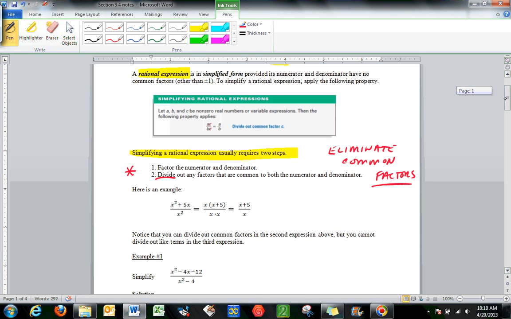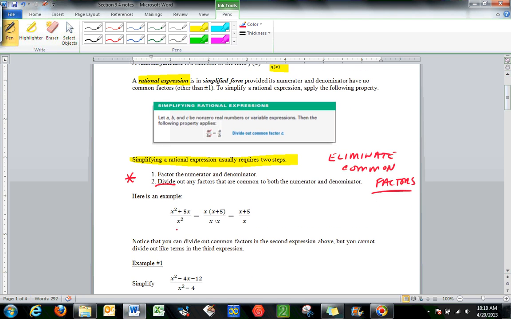If we look at this little example, we've got a rational expression because we have a quadratic expression on top, and we have a quadratic expression on bottom. Now we want to factor both of these. So on the top we had to factor out a common monomial, and you can see that x was common in there, and so we had x plus 5 left over.